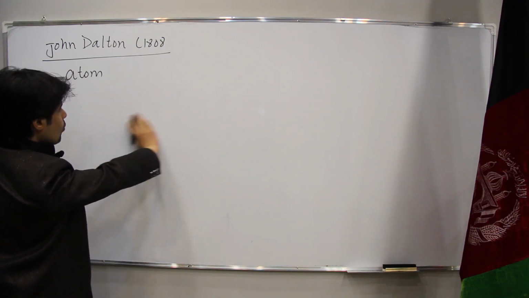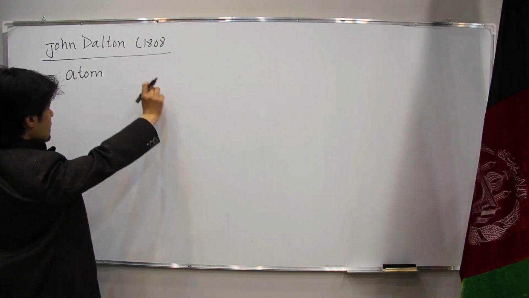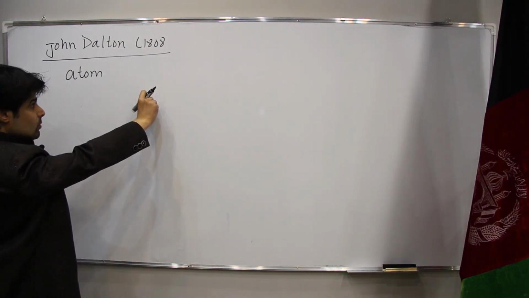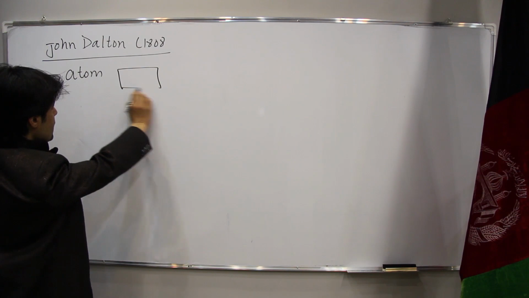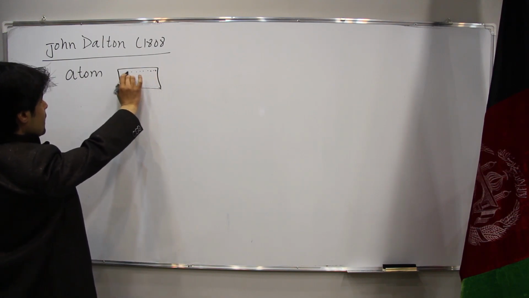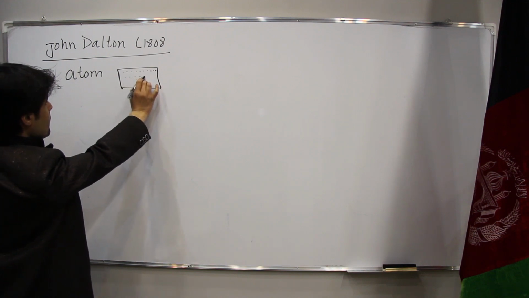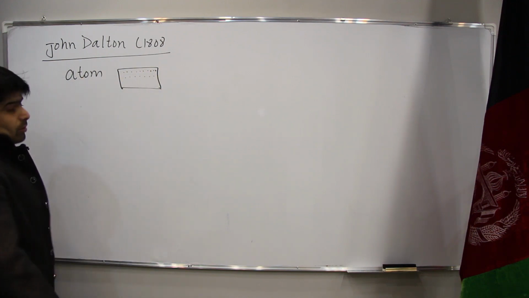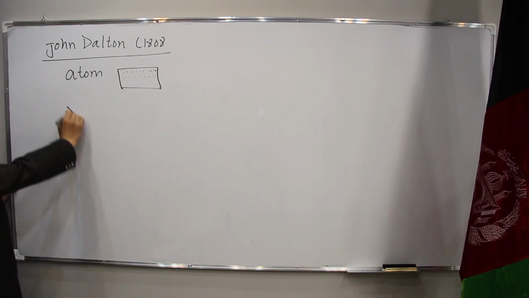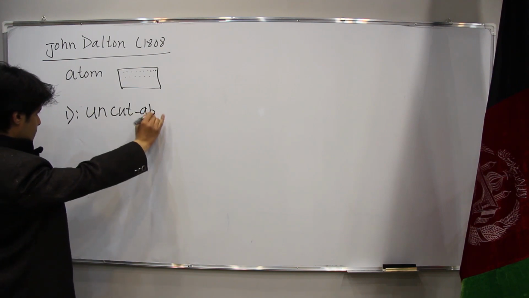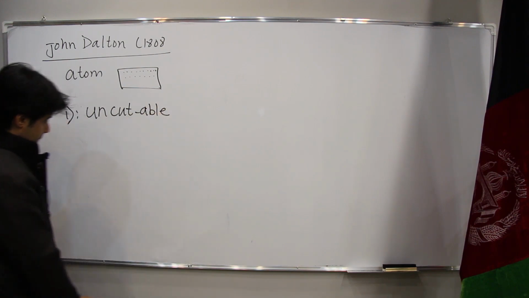This board is not one matter. In fact, whenever you go inside, this board is made of small particles. This small particle is not cuttable, and this small particle is called atom. First, it is uncuttable or indivisible.